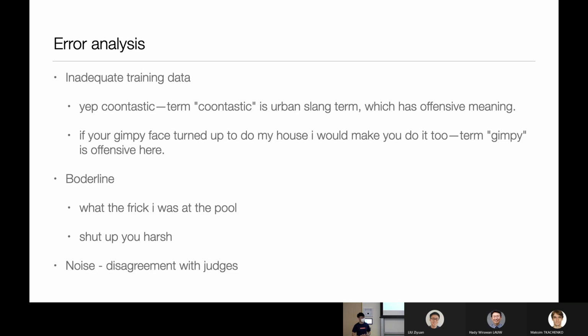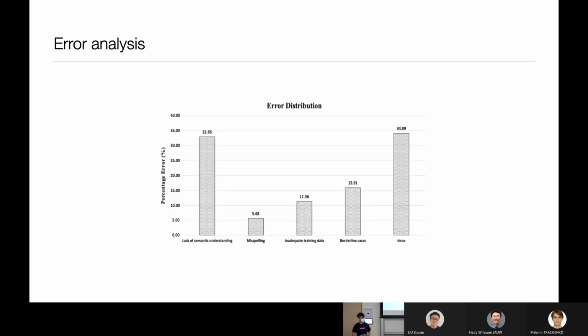Lastly, there's also borderline, like "what the freak I was at the pool." This doesn't seem offensive. And there's also noise, which is where the authors disagree with the judges' view. Using Bi-LSTM and C by LSTM, we can see the error distribution in a few areas.